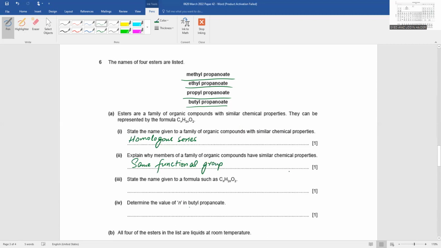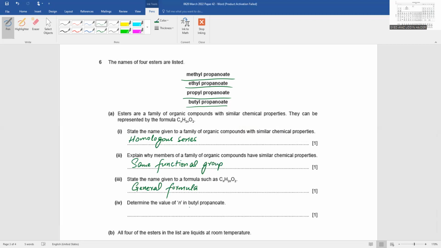State the name given to a formula such as CnH2nO2. It's the general formula for the family of esters. Determine the value of n in butyl propanoate. Butyl means 4 carbon, propanoate means 3 carbon.